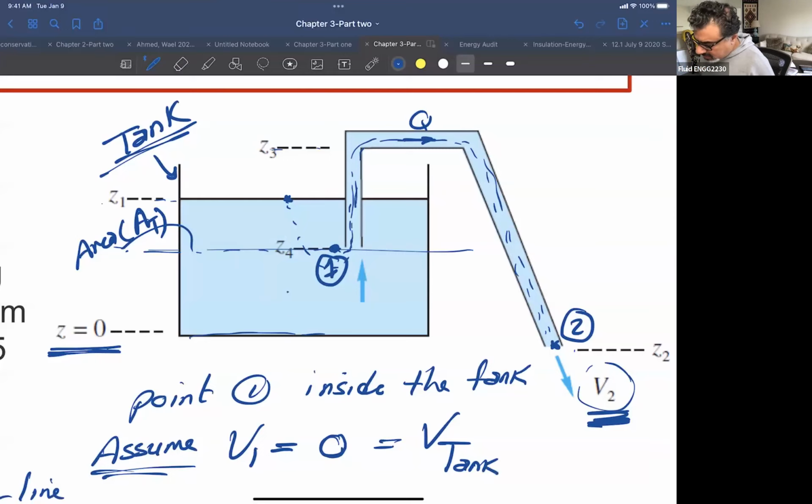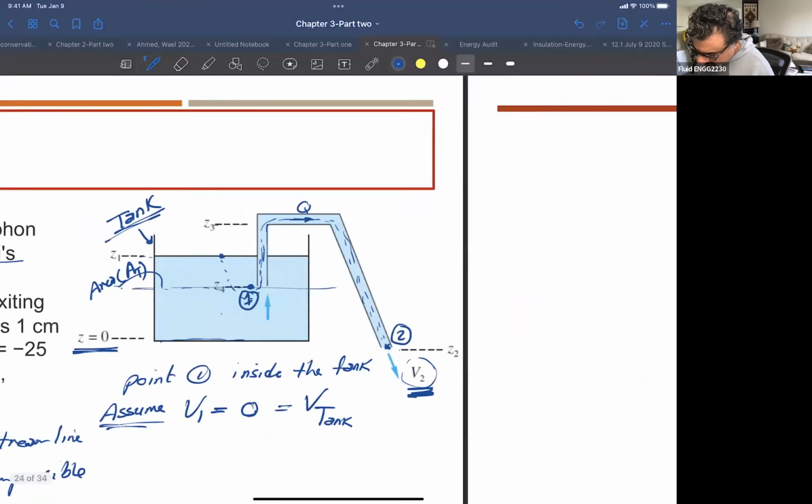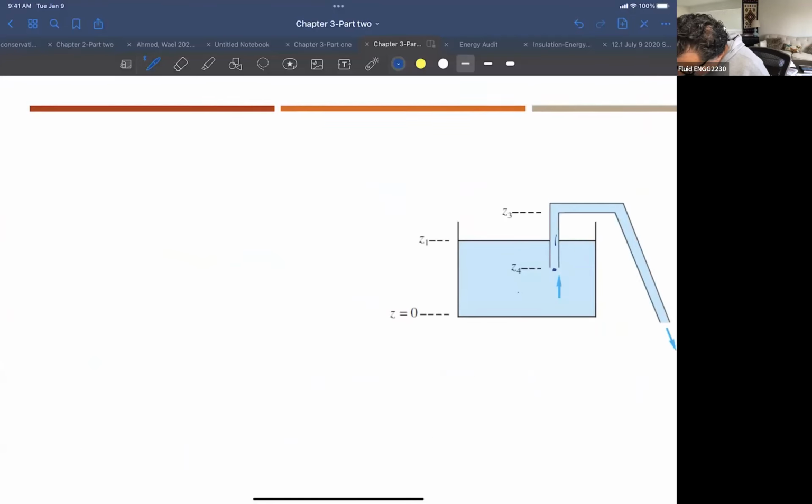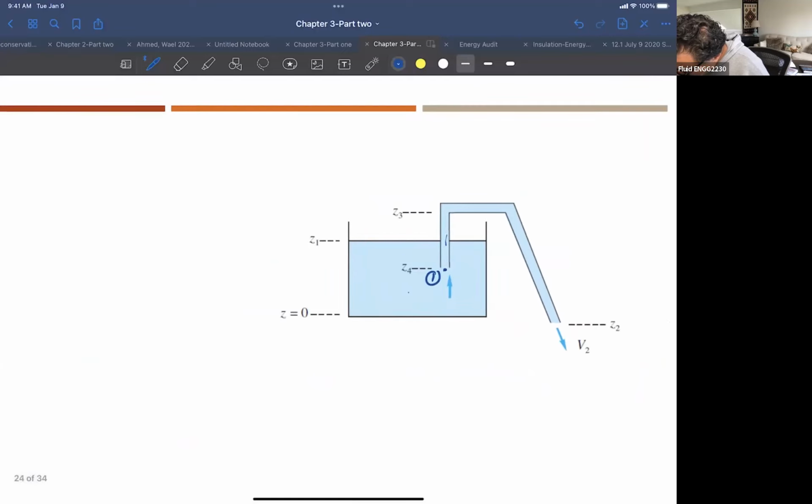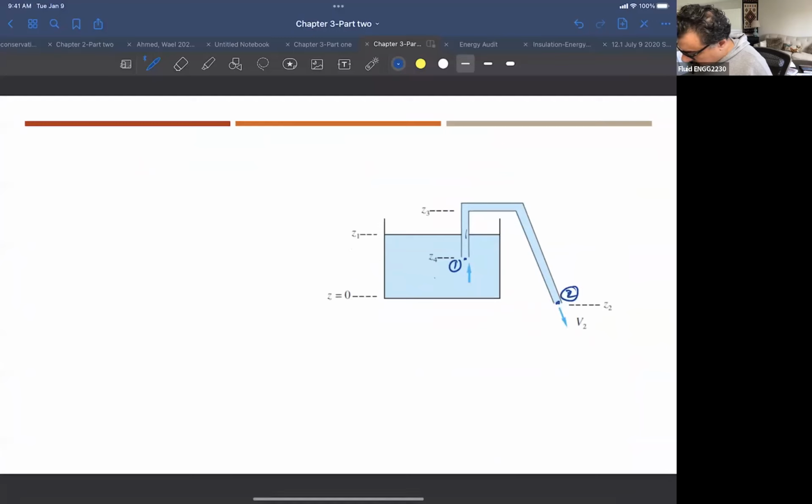Now, if I put the points for this Bernoulli equation, I like to write it this way. So this is point 1. This is point 2. Bernoulli equation, I like to write it this way: 1 to 2. 1 here at the Z4, right?